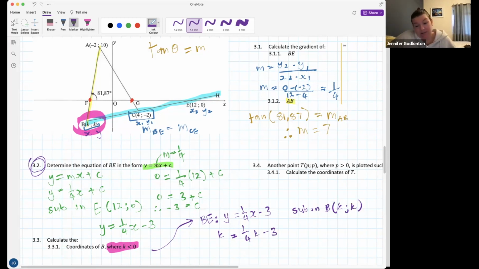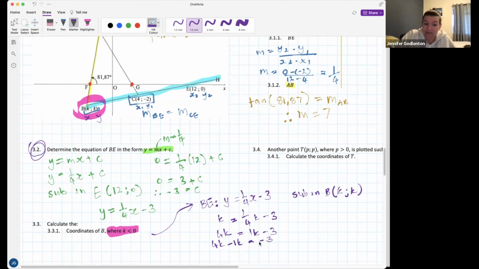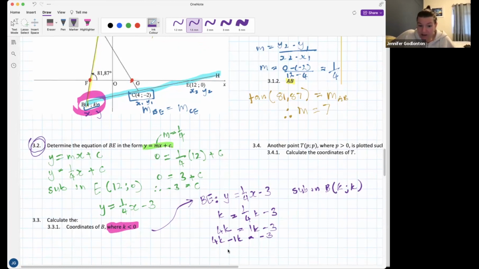That's not so bad. Let's get rid of our fractions. So 4k is equal to 1k minus 3. I'm going to move my k's over. So 4k minus 1k equals negative 3, which means 3k is equal to negative 3, and k is equal to negative 1.